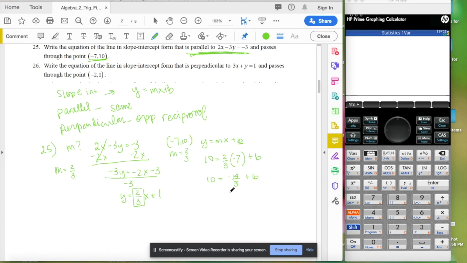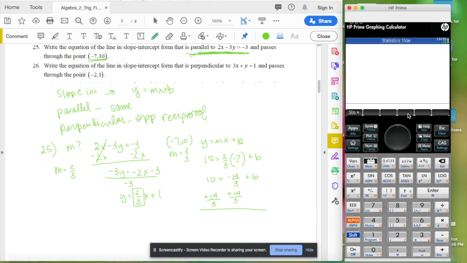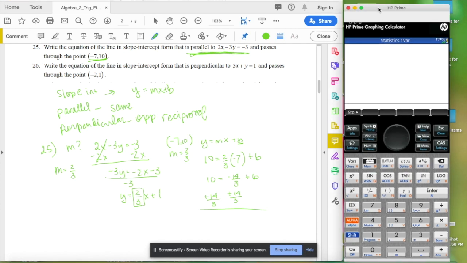Now we isolate b by adding 14/3 to both sides. If fractions really upset you, you can always rely on your CAS mode. So 10 plus 14 divided by 3 gets you 44/3. As a rule of thumb, always just leave it as a fraction. So 44/3 equals b.